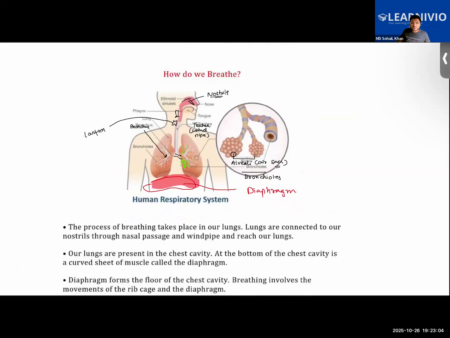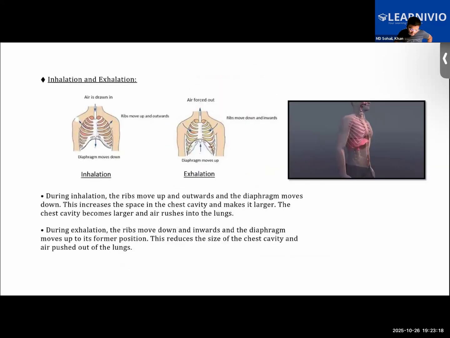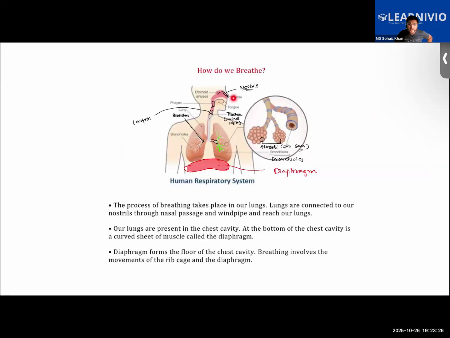Right now I will tell you the important organs other than lungs which play an important role in breathing. Try to visualize it. As you are breathing in air, the air passes through the nostrils, then through the pharynx.